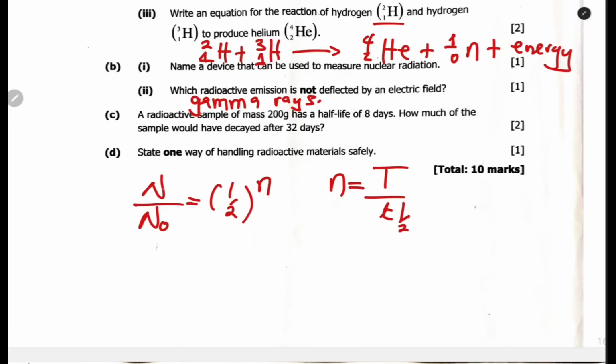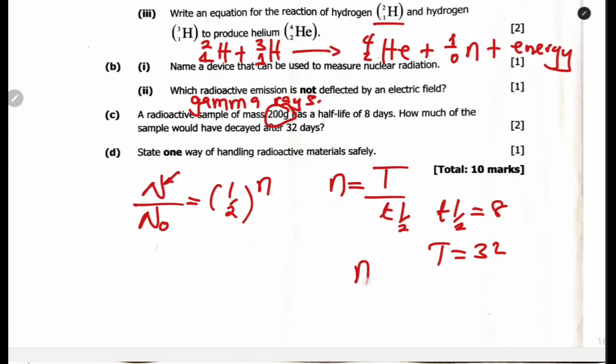For us to find this, we need the number of half-lives and we need the initial amount. We are given a radioactive sample of mass 200 gram. The initial amount was 200. The half-life is 8 days. How much of the sample would have decayed after 32 days? So the period that passed was 32 days.